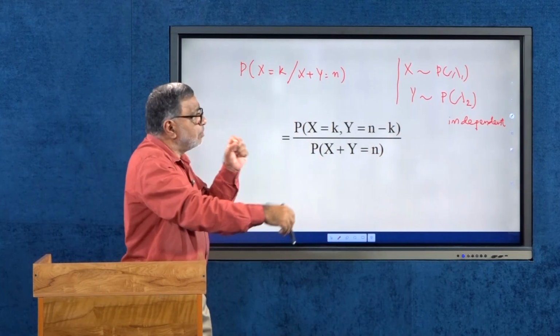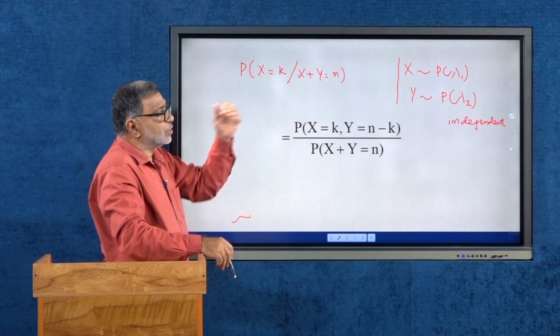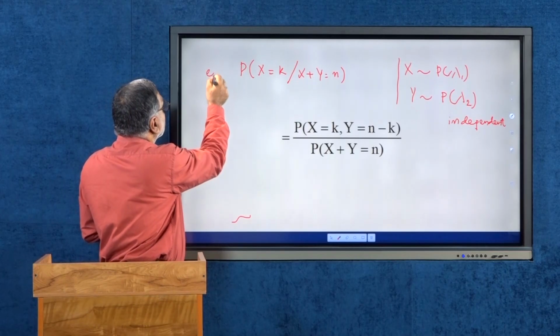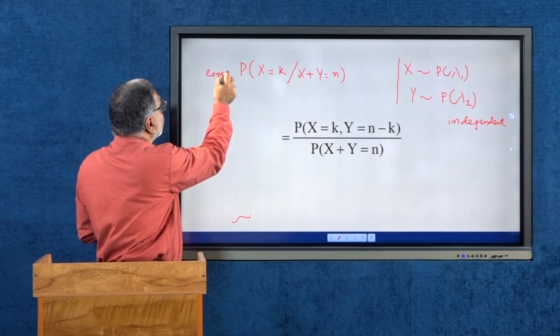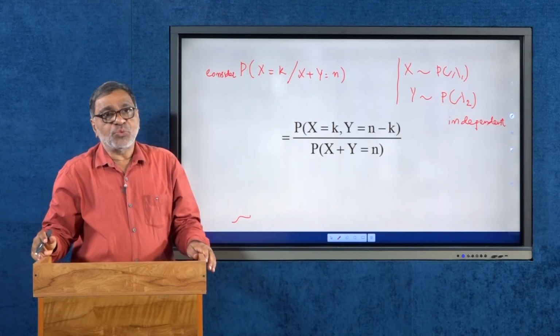Our aim is to find the conditional probability of x given x plus y. So consider this probability, x equal to k given x plus y equal to n.